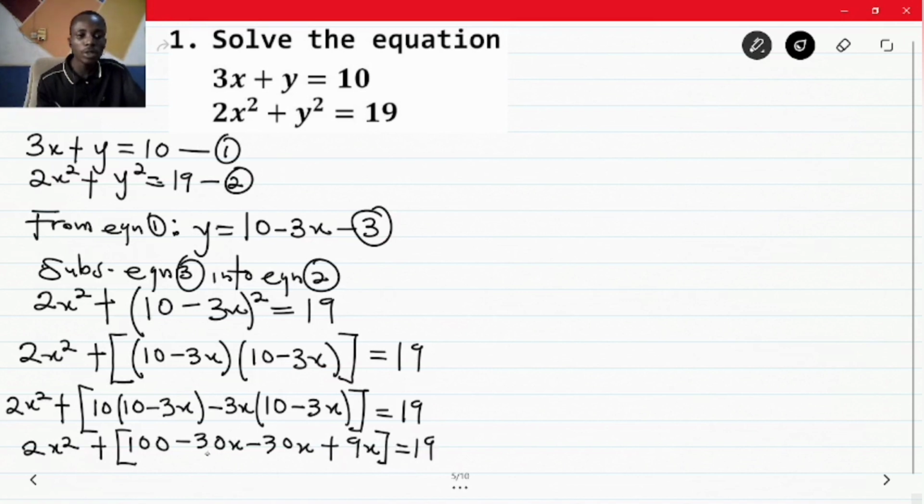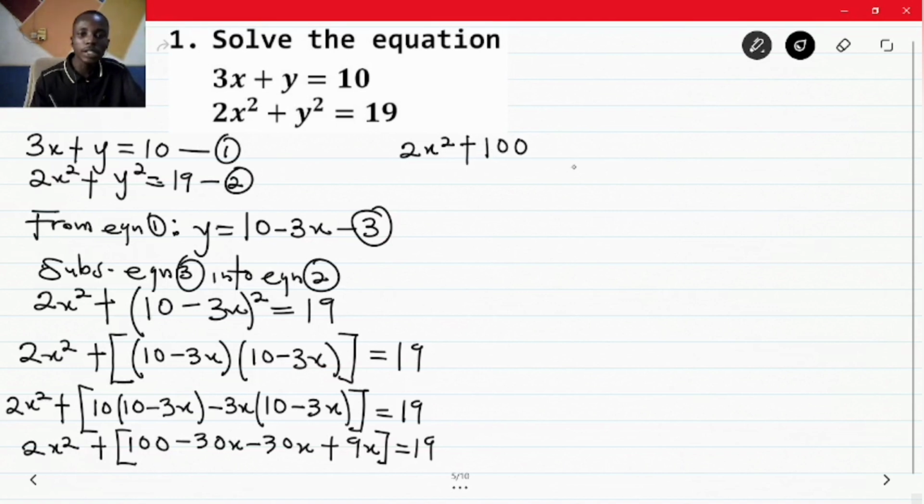So I'll move on. I can see these to be the same. So I will have 2x squared plus 100. I'm trying to open the big bracket now.